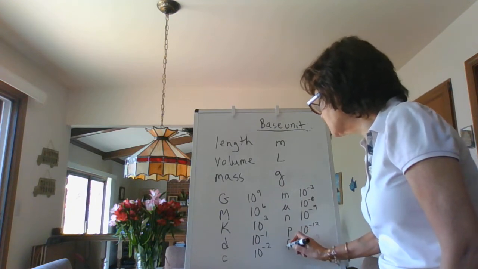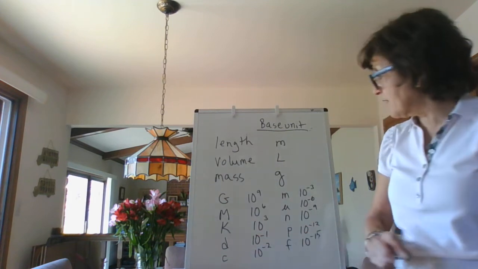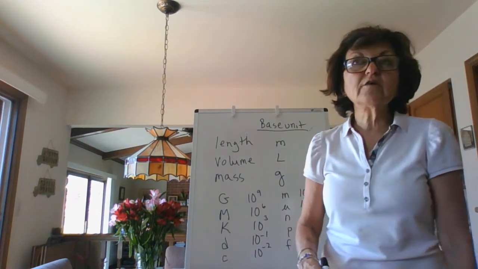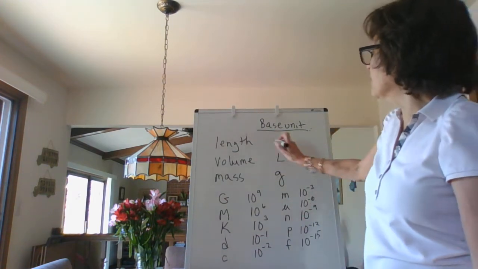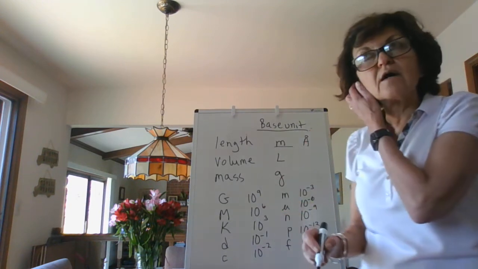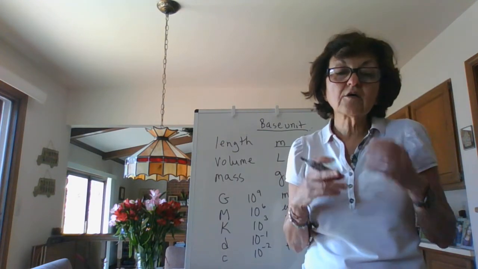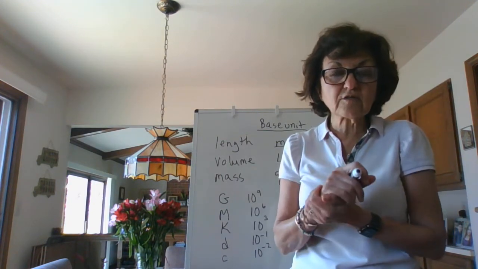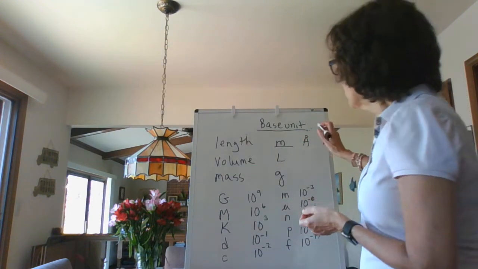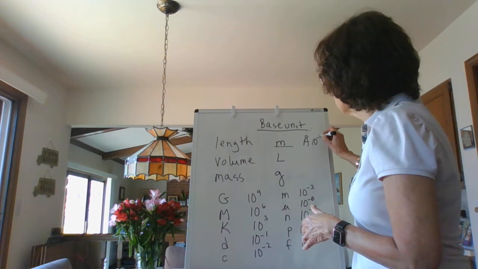And then lowercase f is femto, 10 to the minus 15. Okay? And then one we also use for length is an angstrom. You'll especially see that in chapter 7, I think it is, when we talk about wavelengths, because sometimes they'll report wavelengths in angstroms. An angstrom is only associated with length and is 10 to the minus 10.